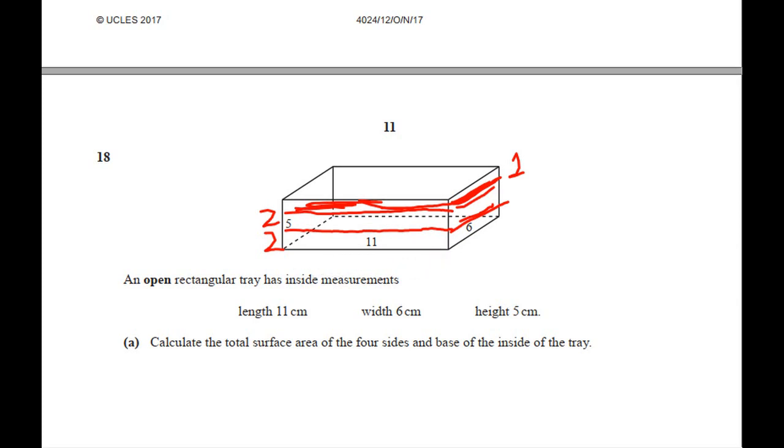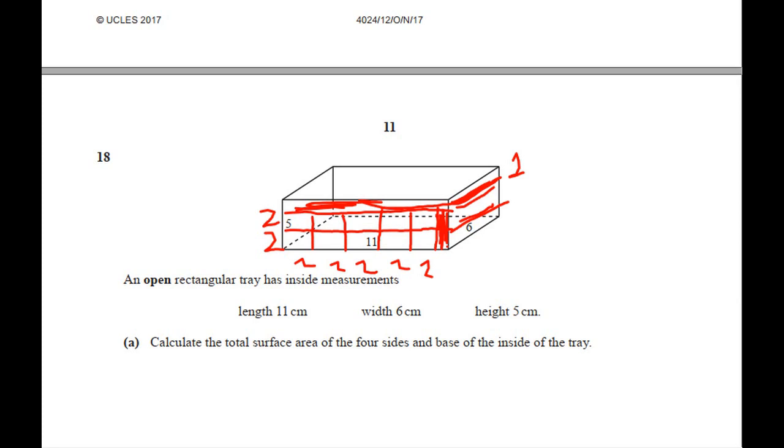Alright, so how many cubes can we fit in here? This is 11, so we can fit 2, 2, 2, 2, and 1, 2, 3, 4, 5, 6, 7, 8, 9, 10, and then again some portion is wasted because that is 1, and the dimension of our cube was 2 by 2 by 2.